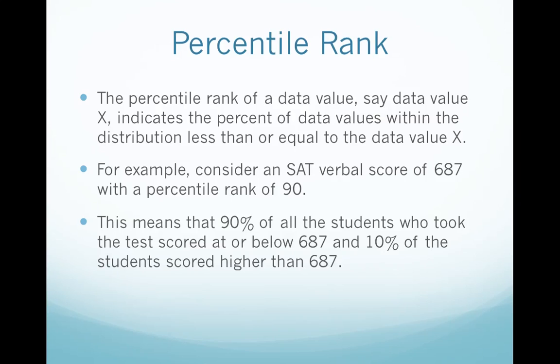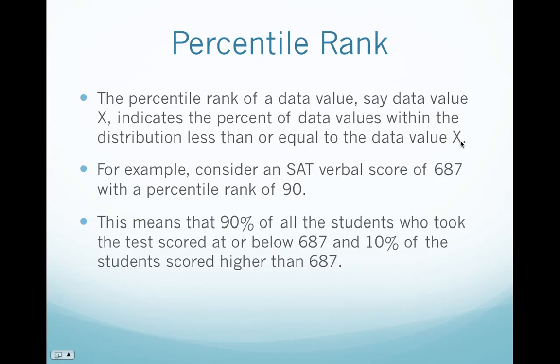So that would be a shorter child. You can also consider percentile ranks when dealing with people's weights or test scores like we see here with the SAT. We're always looking at, in a percentile rank, the percent of data values within the distribution less than or equal to the data value x.